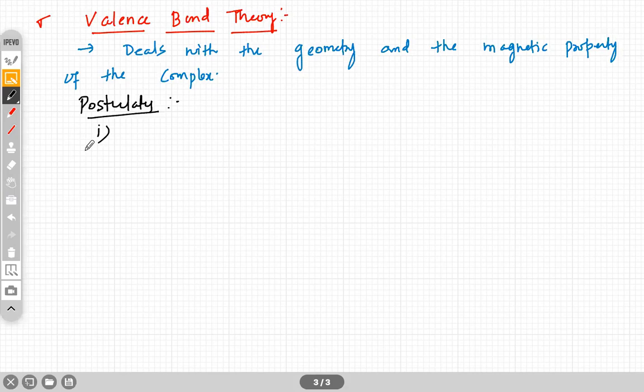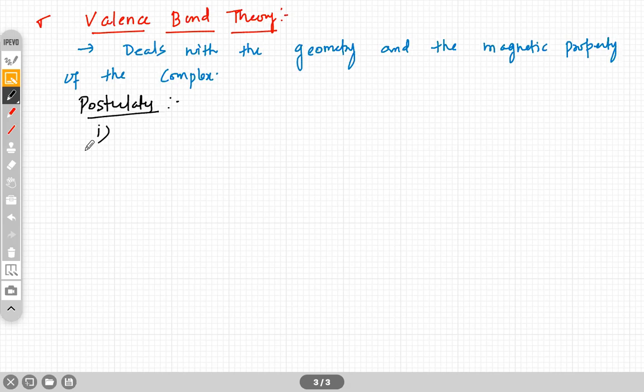This is the valency of the metal. Again, I am repeating: the central metal atom loses a required number of electrons to form ions. This number is the valency of the metal.